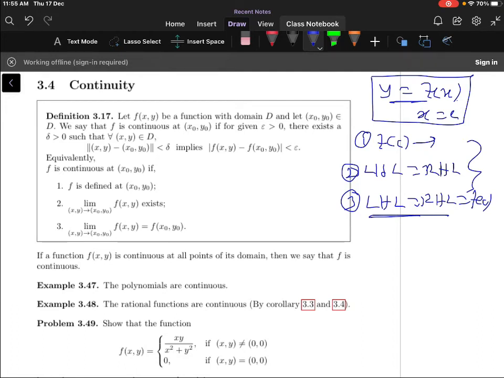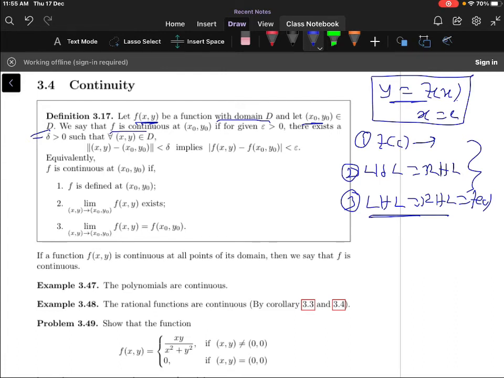Similarly, we can define the continuity of a function of two variables x and y. Let f of x comma y be a function of two variables x and y with domain D. Let x naught y naught belong to the domain.